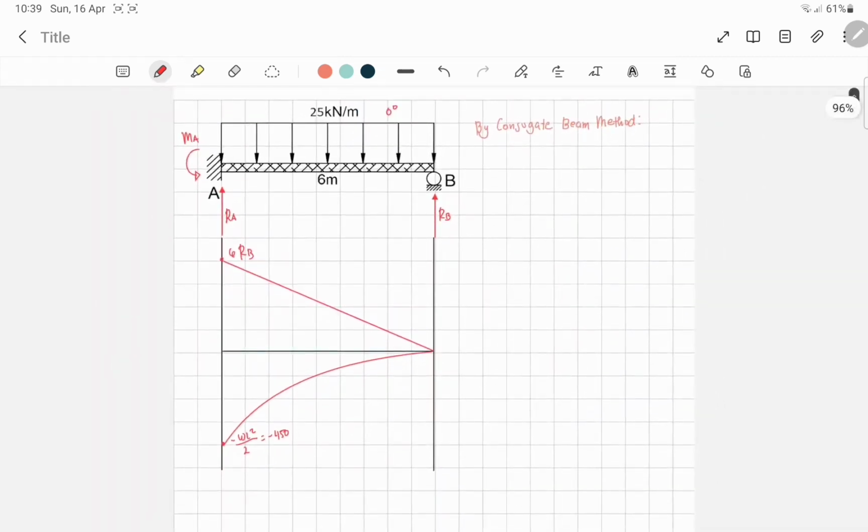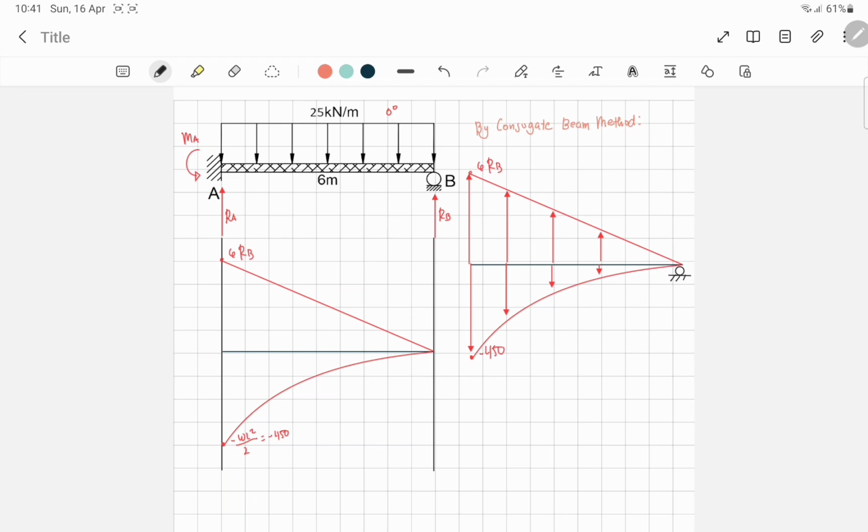For the next part, you have to create our conjugate beam. Our moment in the real beam is going to be our load for our conjugate beam, and then we have to modify our supports, so our conjugate beam should look like this.